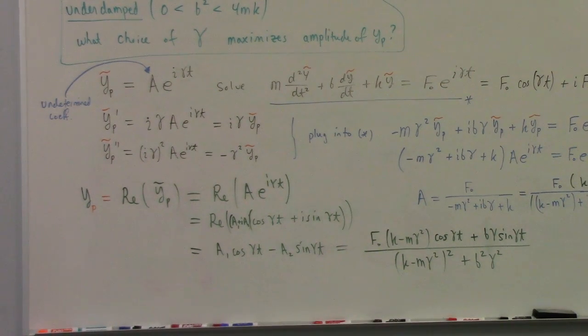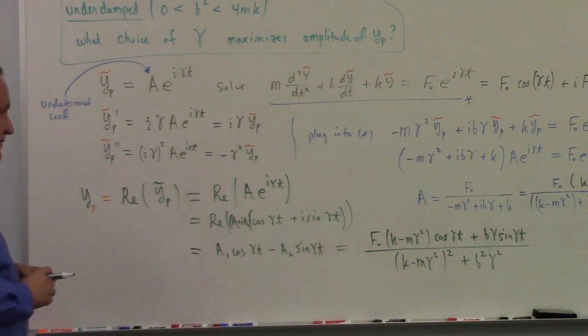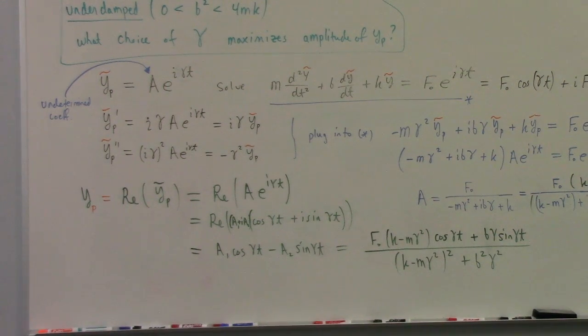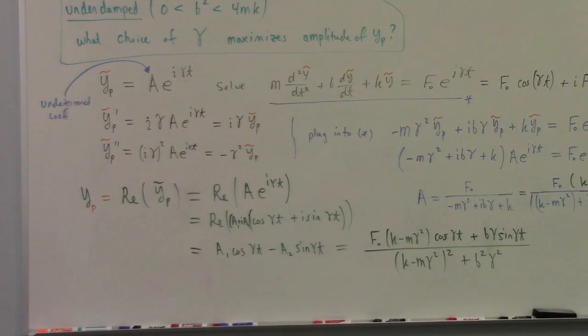I wanted to showcase for you the method of thinking complex. It's useful, it's important, especially if you're electrical. We like to do this sort of thing to solve circuits. We replace a sine function with its imaginary exponential complexification, solve that problem an easier way with these so-called phasors, and then you can extract the sinusoidal solutions from that.